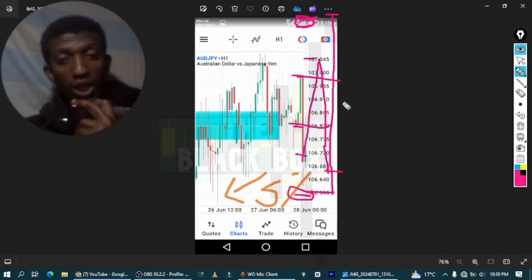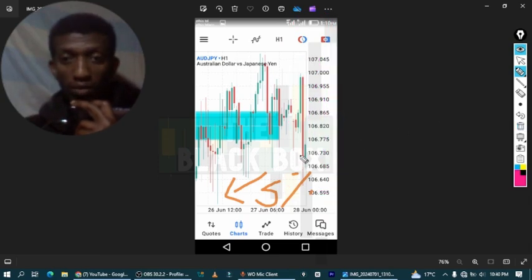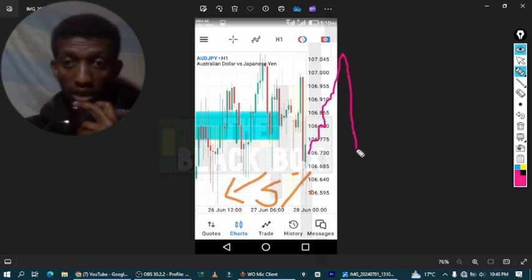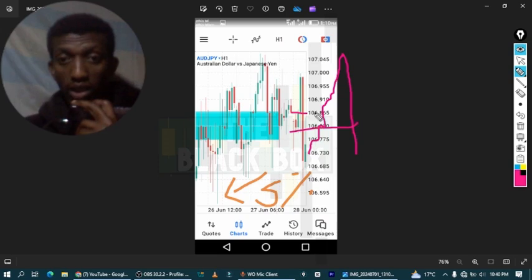Isn't this amazing? I do this if there is no black box formed here. Right here, when the price moves up like this, if there is no black box, if it goes straight up and straight down and straight down, that is where I'm going to use this as my entry technique. And I'm not going to risk much.